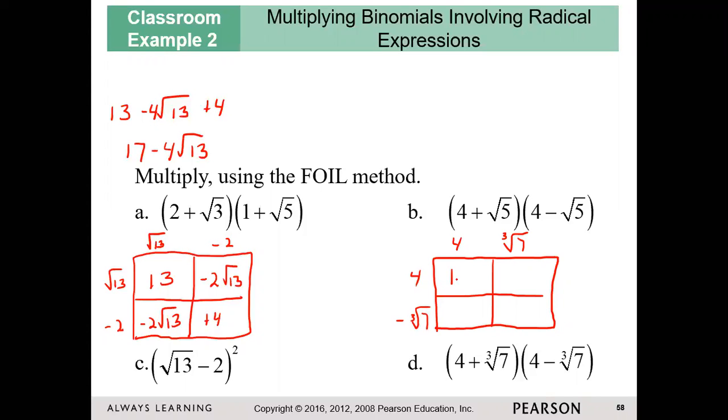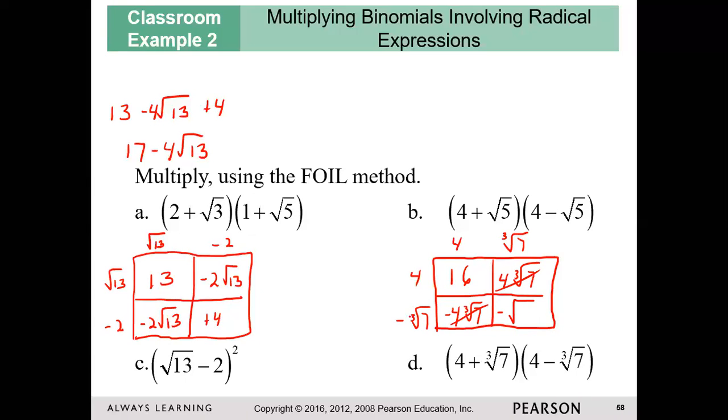So that's going to give us 16. This is going to be 4 cube root of 7. This will be negative 4 cube roots of 7. So these will definitely cancel each other out because this is positive and that's negative. But this time when you go ahead and multiply these together, this is negative, and it's not going to cancel out the square root because you're only multiplying 2 of them.